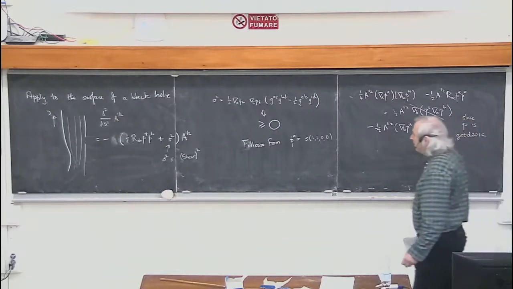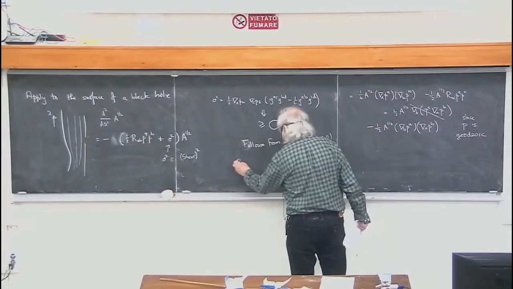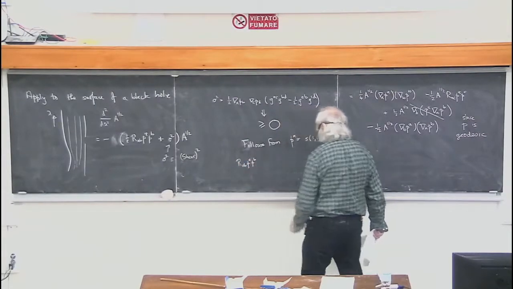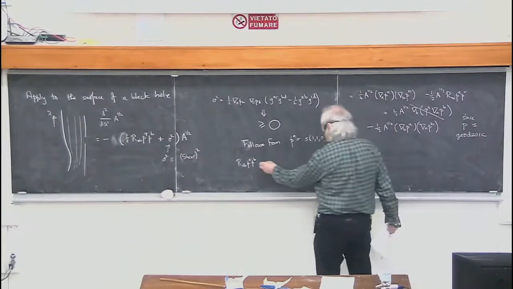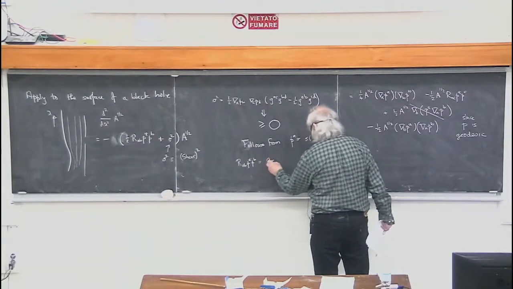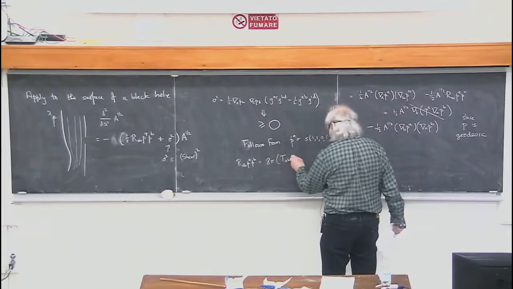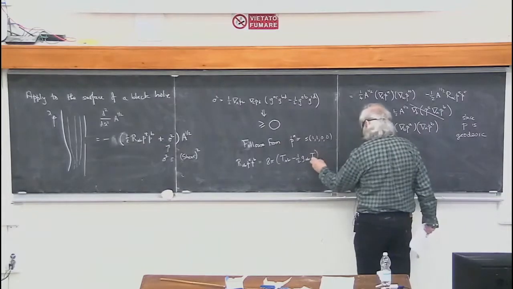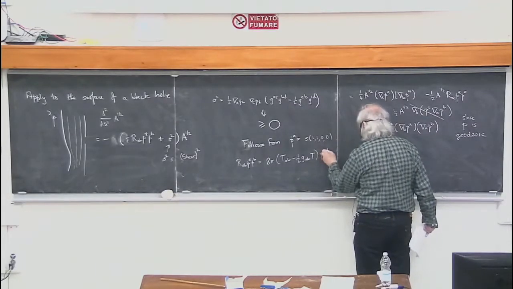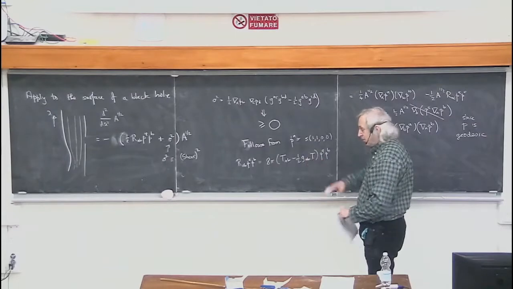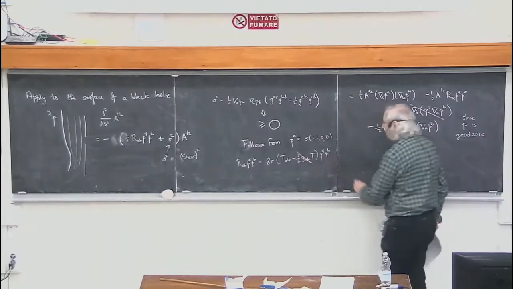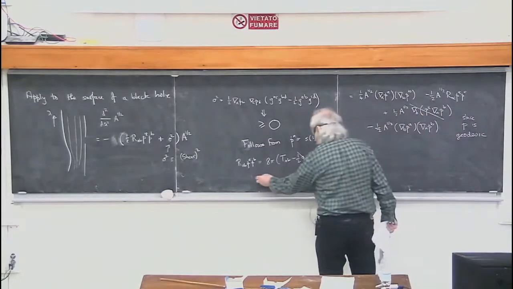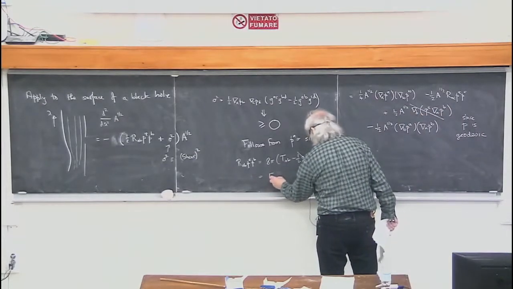RAB, PA, PB for a null vector is, from the Einstein equations, 8 pi into TAB minus a half GAB times the trace of the energy momentum tensor times PA, PB. This term does not matter because P is null, but TAB, PA, PB is just simply the energy density in the appropriate frame.